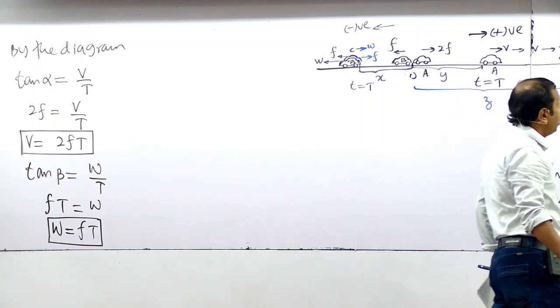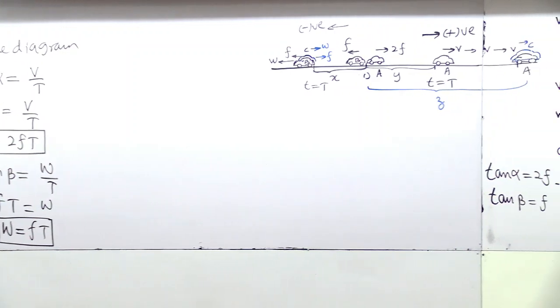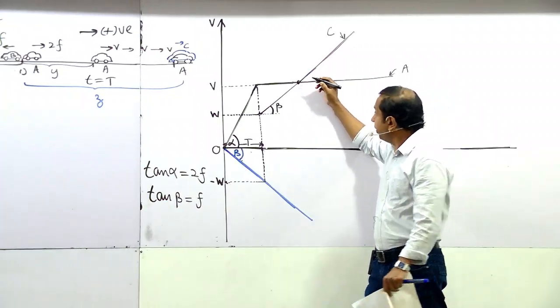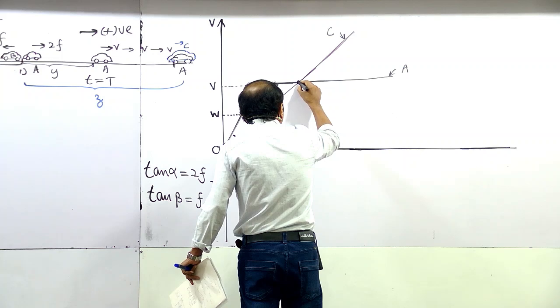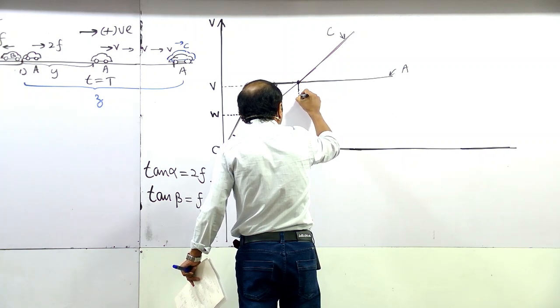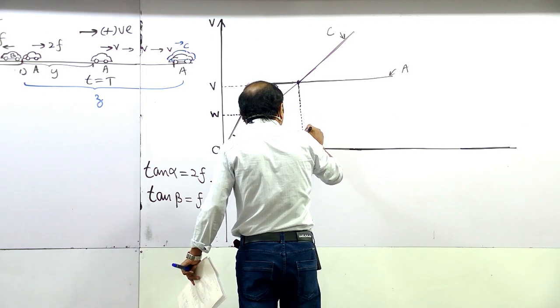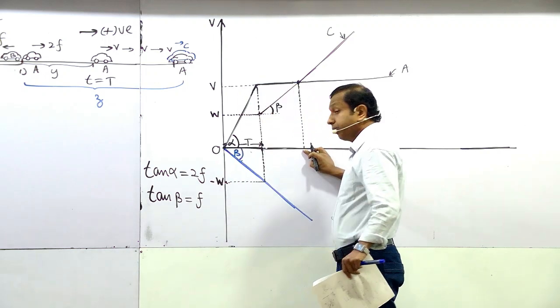People, when you come to this point, here there is a corresponding time. I can find that time by drawing a vertical line like this. Look at this vertical line here.